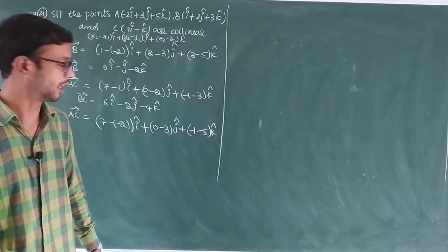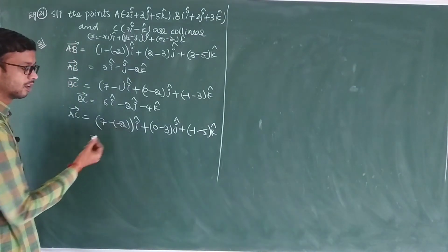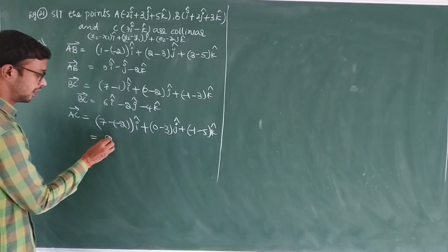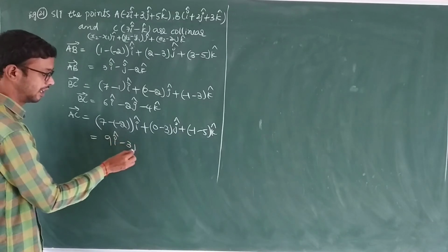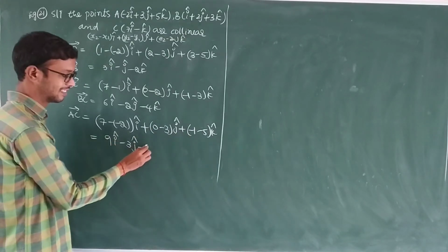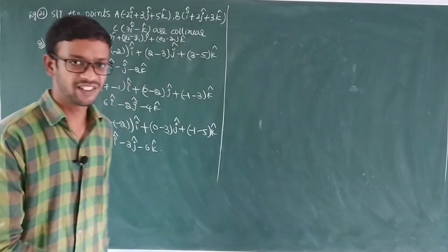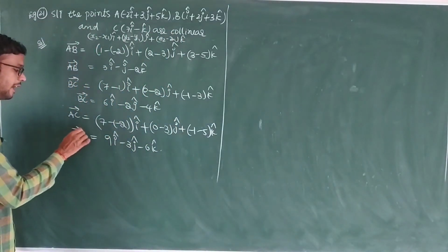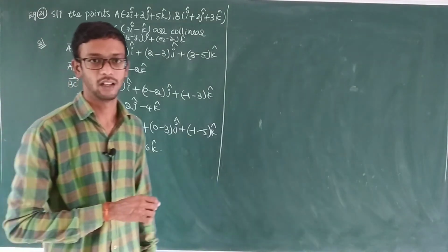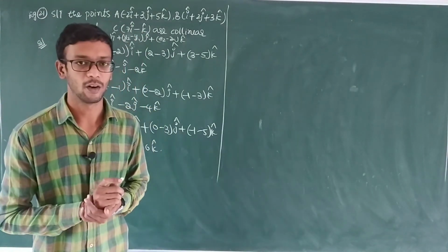AC also found: 7 plus 2 is 9 i cap minus 3 j cap minus 6 k cap. Now AB, BC, AC we did. Vector sides we got, so the length of the sides we have to find.